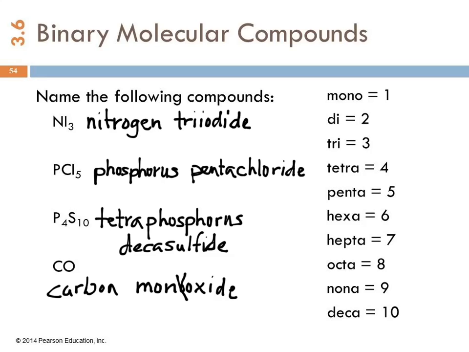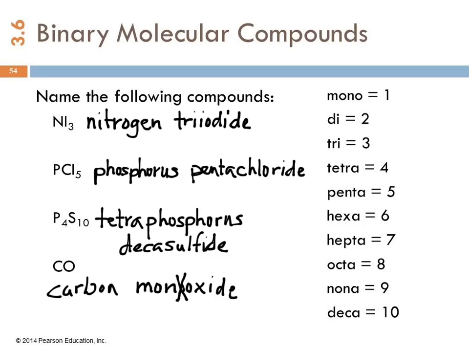But this is a case where we do drop that last vowel. So usually, not always, but usually when you have a prefix ending in a vowel and an element name beginning in a vowel, you usually drop the vowel on the prefix.